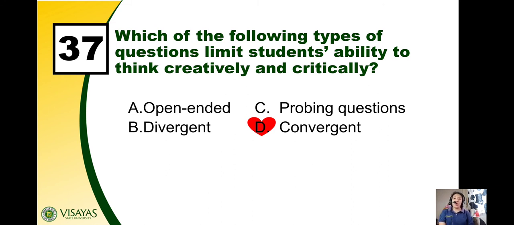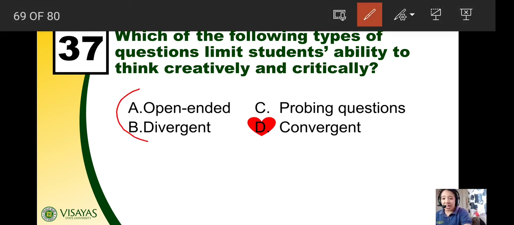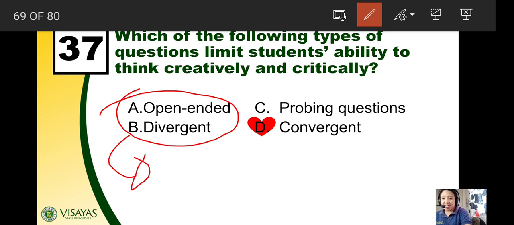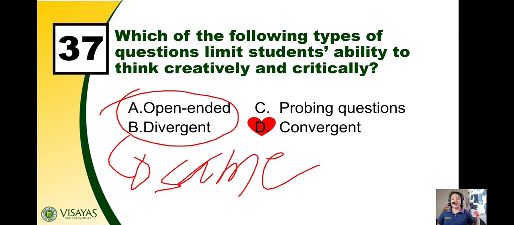So, when we say open-ended and divergent, open-ended at saka divergent, they are just the same. So, divergent questions, for example, how do you take good care of your body? That is divergent. So, pwedeng magbigay ng opinion yung learner, and hindi siya more on the content itself.